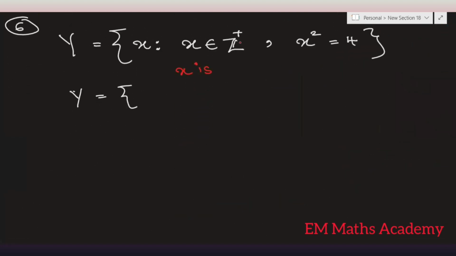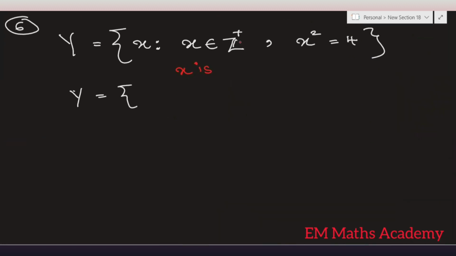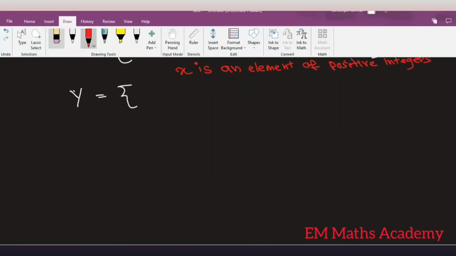It is a positive integer. X is, because instead of the symbol we use is an element of positive integers. දැන් එතකොට කොහොමද අපි x හොයාගන්නේ?